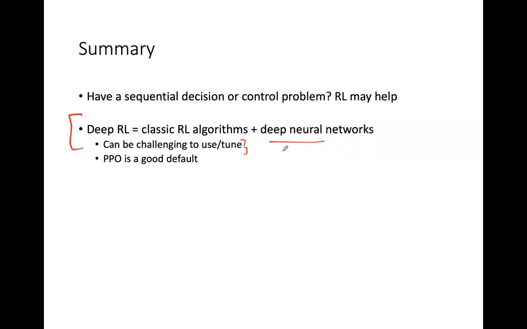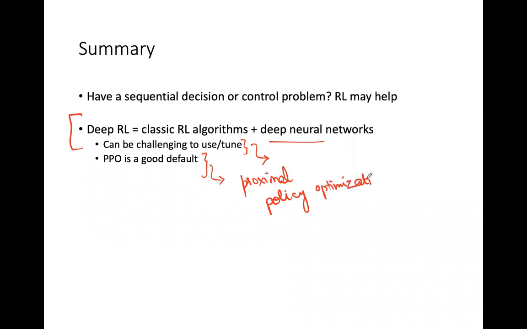And this is actually an active area of research in deep RL right now, figuring out how to make these RL algorithms more robust and better behaved. But if you are just exploring some problem you have, then the PPO algorithm, which stands for proximal policy optimization, is a good default algorithm to start with.